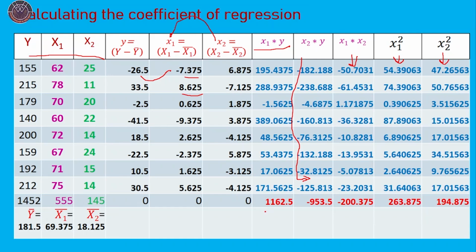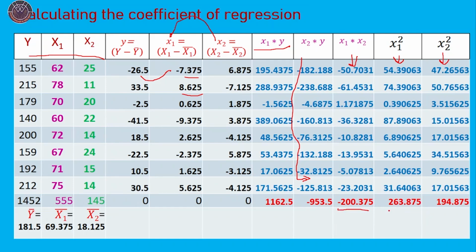So we have got the sum values also. The sum of x1y is 1162.5. The sum of x2y is minus 953.5, and the summation of x1x2 is minus 200.375.